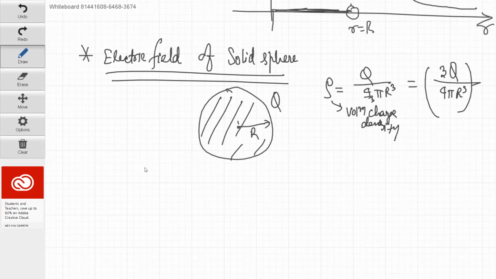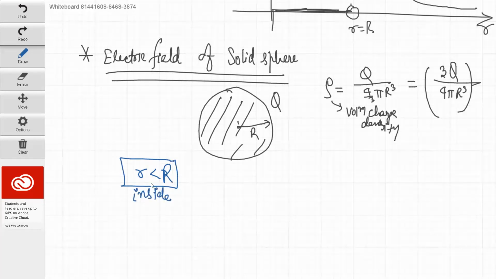Now suppose I start taking points. If r is less than capital R, what does it mean? It means I am talking about an inside point, isn't it? If I take a sphere of radius r, then at this point the electric field is due to which part, only this part of the sphere or all parts? The electric field at distance r inside it is due to the inner sphere, which I have painted in red color.